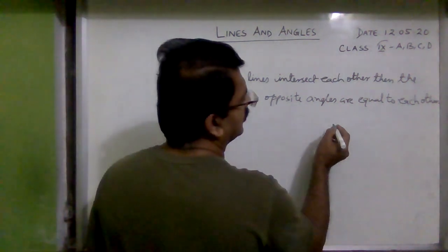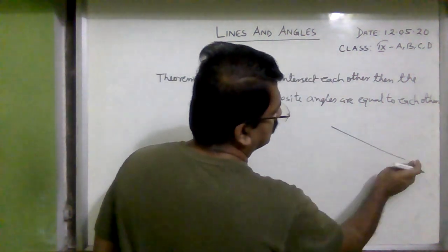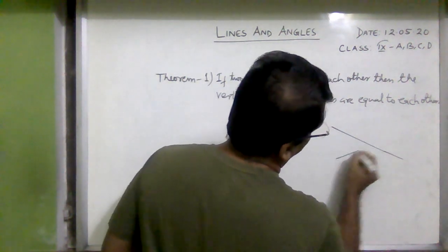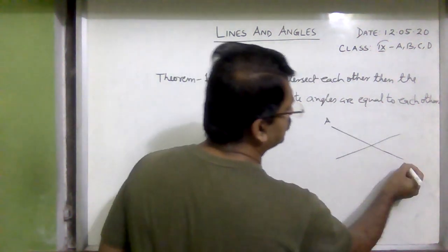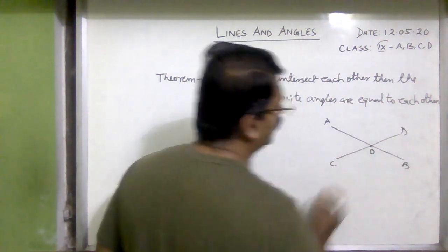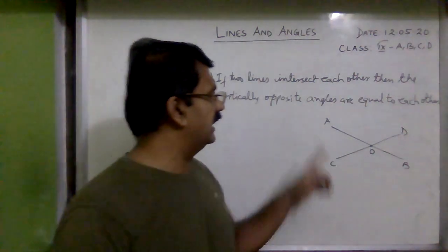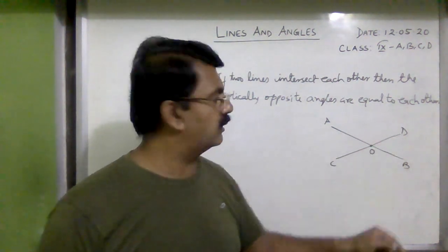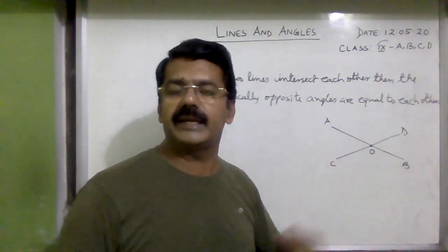Now see, suppose AB is a straight line and CD is another straight line and they meet at point O. Now you know angle AOC and BOD are vertically opposite, angle AOD and BOC are vertically opposite.